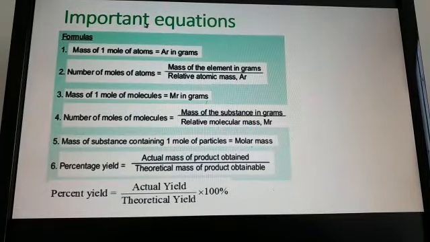Now, we should remember the important equations in this lesson. Mass of 1 mole of atoms is equal to the relative atomic mass in grams. The number of moles in an atom, how to calculate?